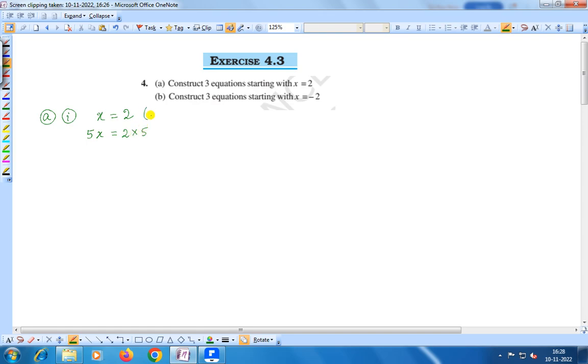Multiplying both sides by 5, we are getting 5x is equal to 10.